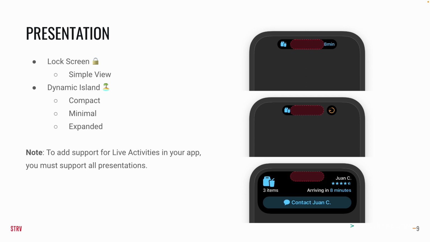Note that in order to have these live activities, you need to implement all these presentations for the app: a view for the lock screen and views for these three different Dynamic Island presentations.